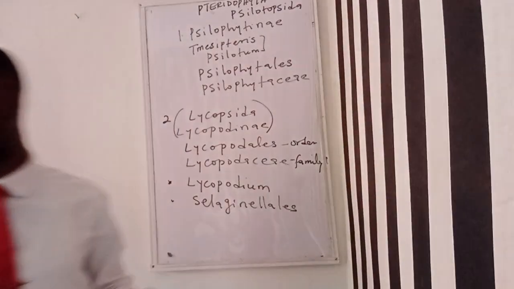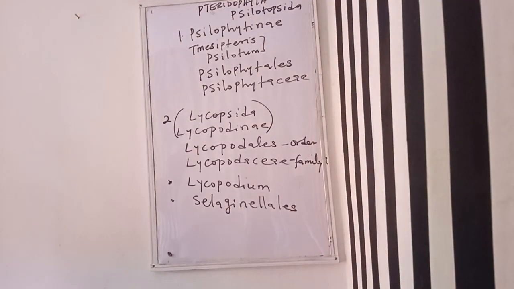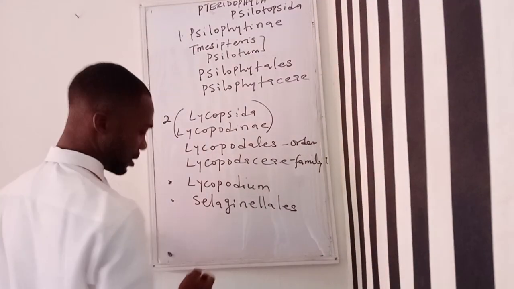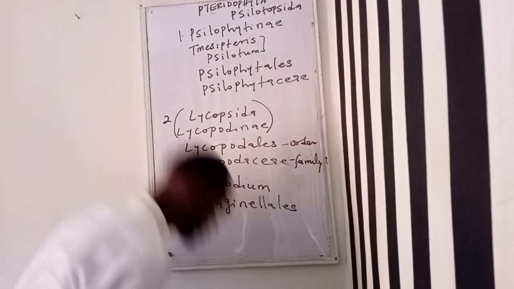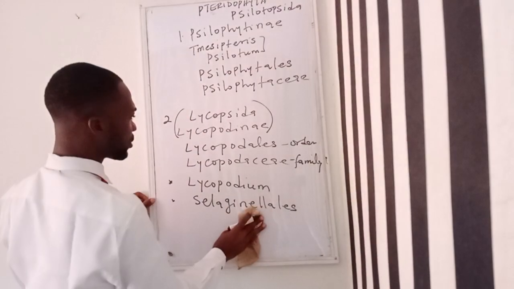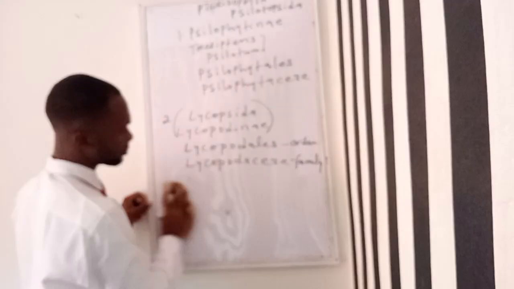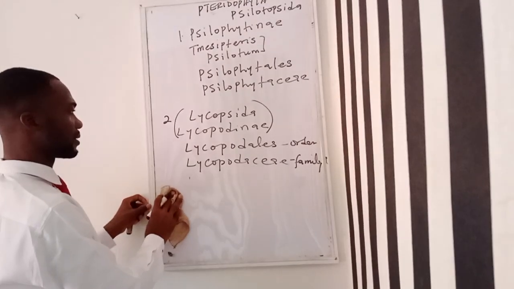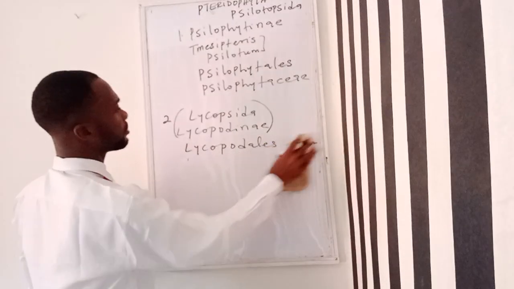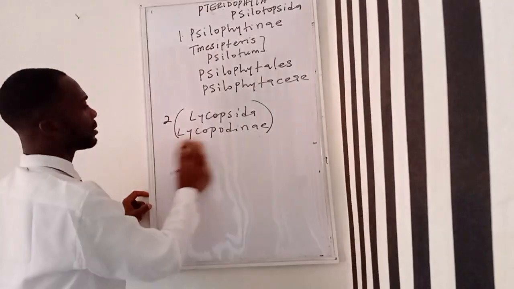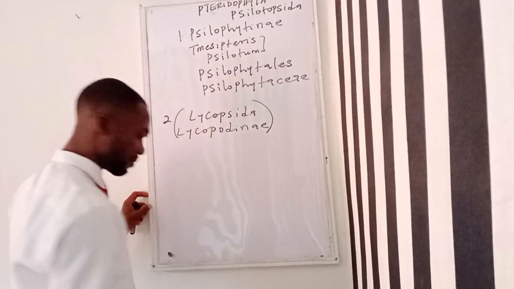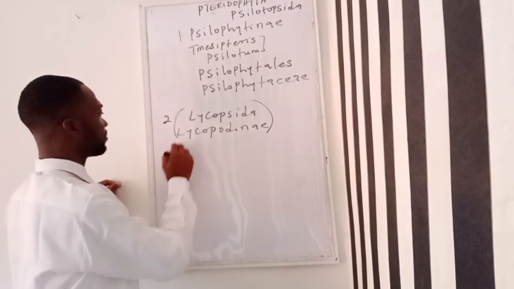Wait, just a minute. Let me first of all talk about the orders. The orders are 3, not actually 1. We have 3 orders. So let me first of all mention the family so I'm not confused. Some of these botanical names are confusing.